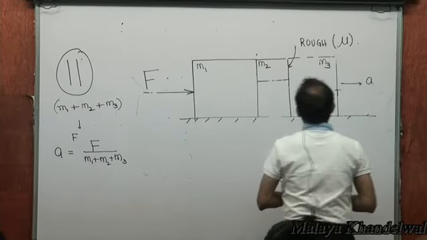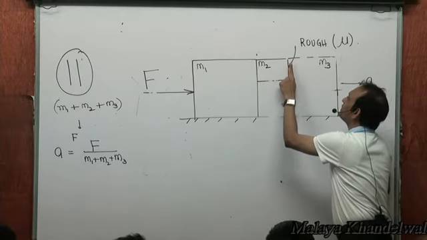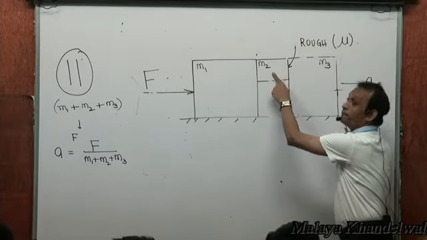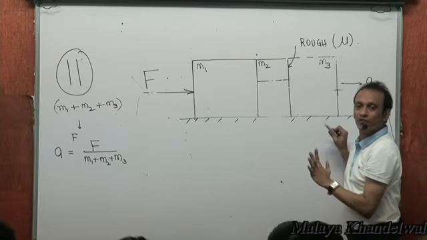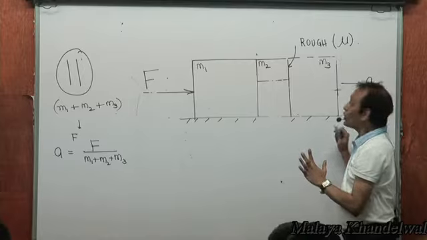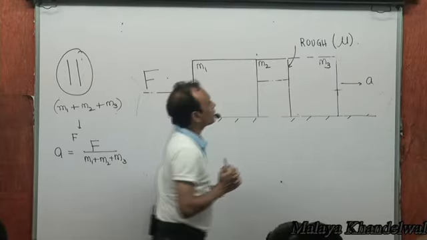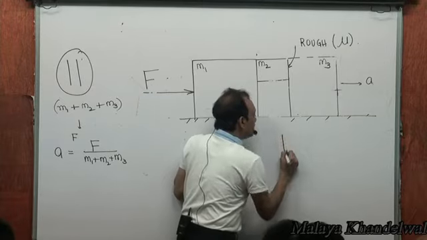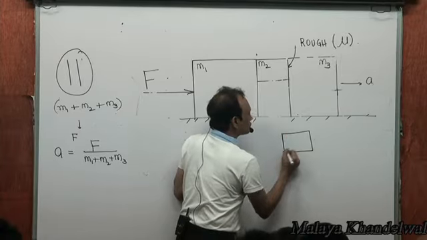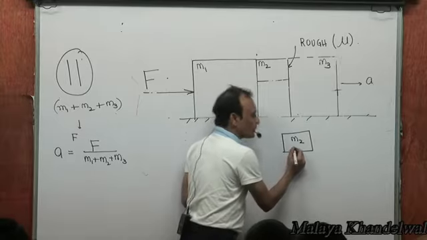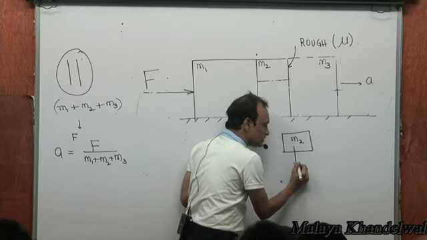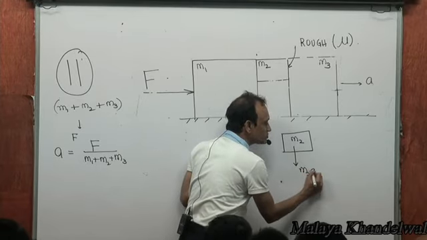My objective is to handle this interface. It is the frictional force between M2 and M3, acting vertically on M2, that will take care of the weight of M2. That's what I want. Therefore, look at the free body diagram of M2. What are the forces acting on it? There is Mother Earth, M2g downwards.